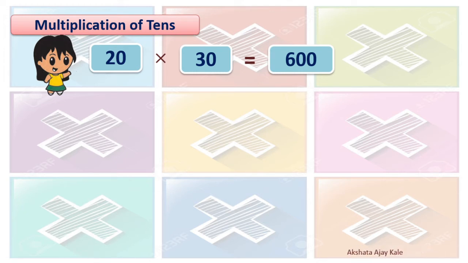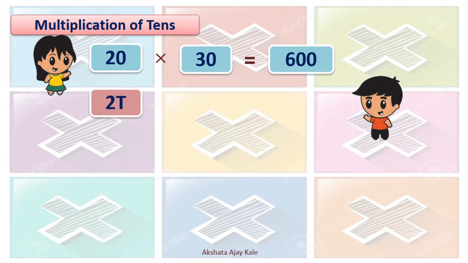Now here, the same thing in a different form. We'll see Monu's style. 2t multiplied by 3t is equal to how much? 3 twos are 6. Correct? But t into t. Here t means 10. Here also t means 10. So t into t, tens and tens are there on both sides.